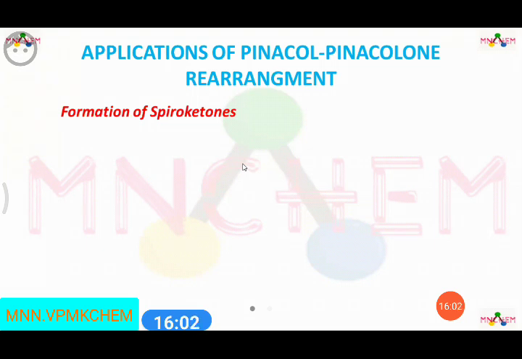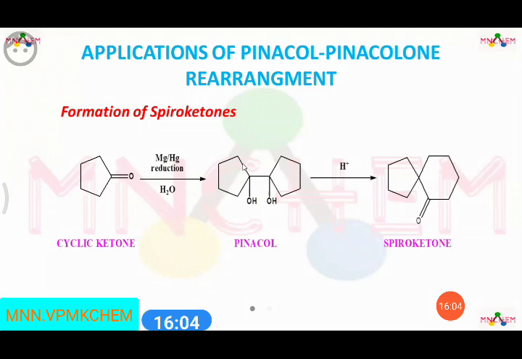An example: when we have cyclopentanone, it is reduced in the presence of magnesium amalgam to give a pinacol, which on rearrangement gives a spiroketone with enlargement of ring. This is an important application of this rearrangement reaction.